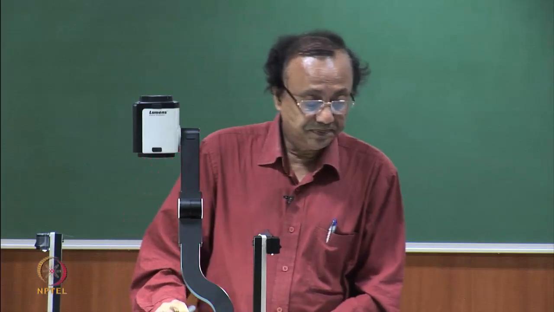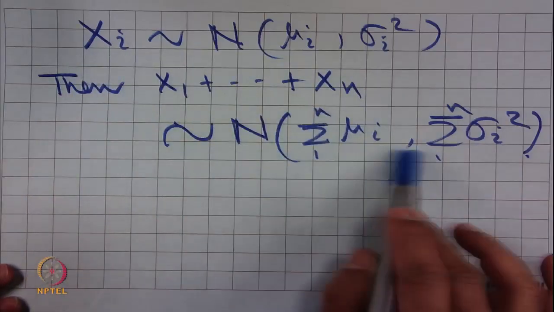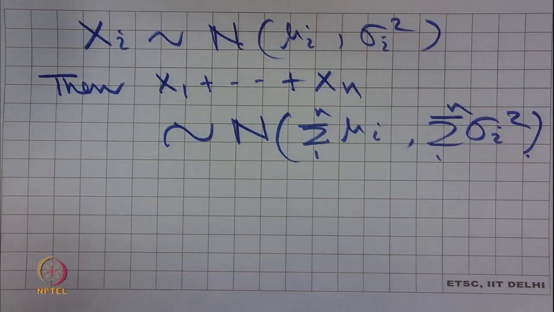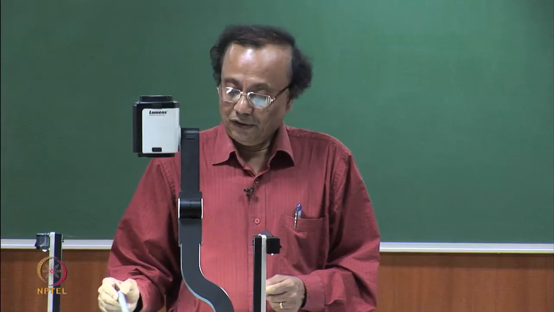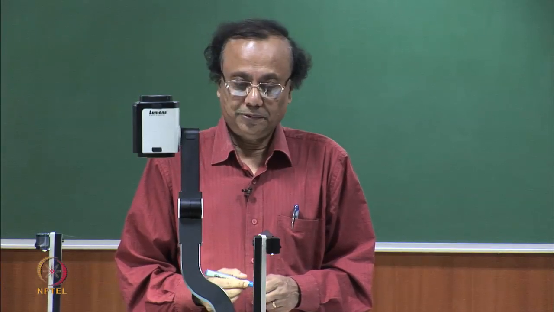Okay, students, now we can understand the utility of normal distribution, and we have already seen that chi-square, t, f are all derived from normal distribution.